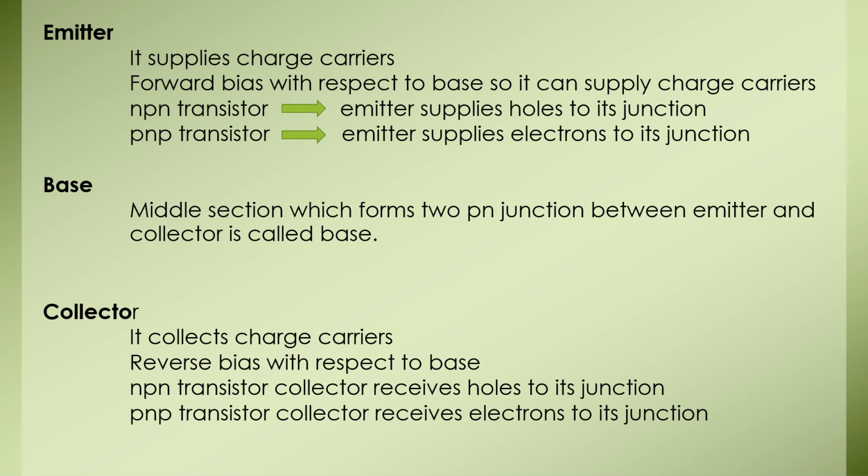In case of a PNP transistor, the collector receives what was supplied by the emitter. Means the collector receives the charge carriers which are supplied by the emitter towards the junction. This is the basic function of these three terminals: emitter, base, and collector.